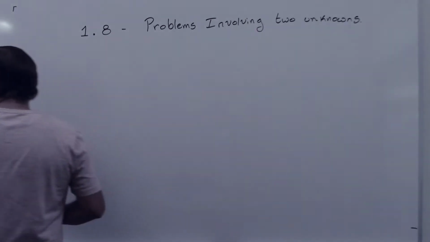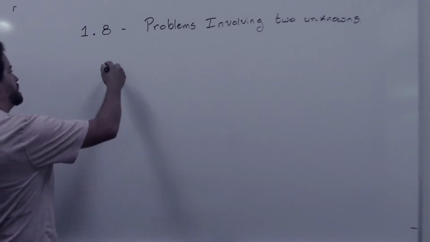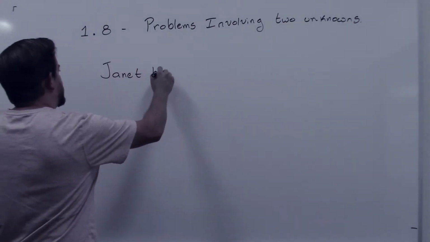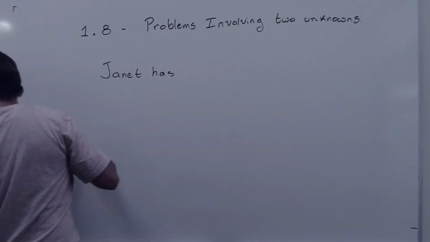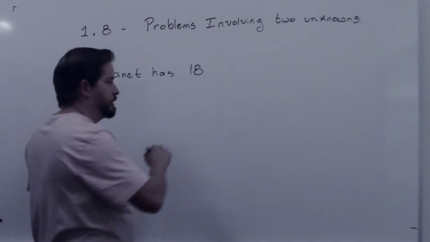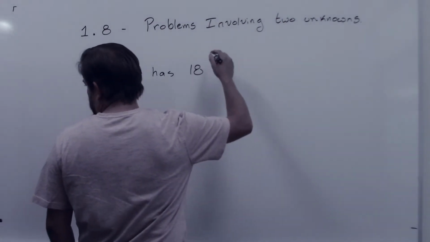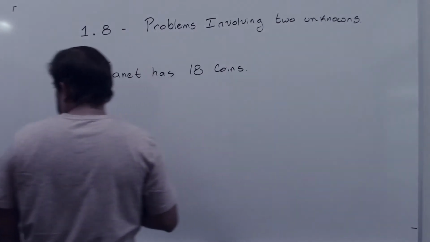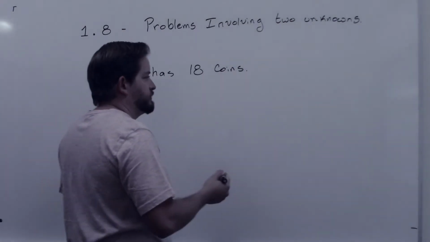Let's say Janet has 18 coins in her purse. This is the first example, just right below if you want to read along and follow. She has 18 coins, and they're all either nickels or quarters.